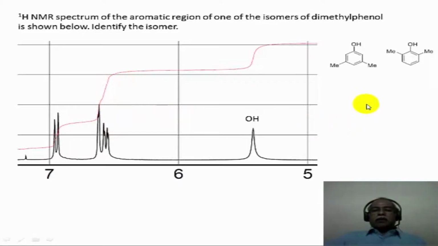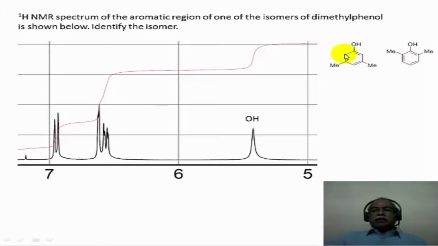Now if you consider these two isomers, here you have 3 chemical shift values, 1 close to 7 and 2 around 6.5 ppm or so. If you look at these two structures, they are symmetrical in nature.